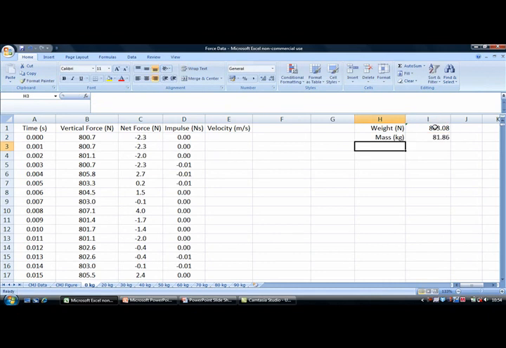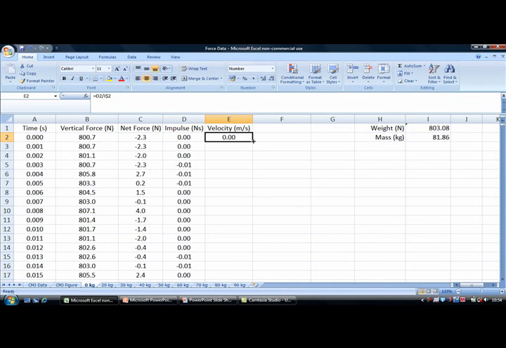Again, hopefully something that should be familiar to you, and we did go through it in one of the earlier lectures as well. Now the way to calculate velocity, as we said, is simply impulse divided by mass. But again, don't forget to put the dollar sign in front of the mass value, or in front of the number 2, because this will then hold that cell when we copy it down the column, so we're always dividing by mass, not by all of the cells underneath our mass value.